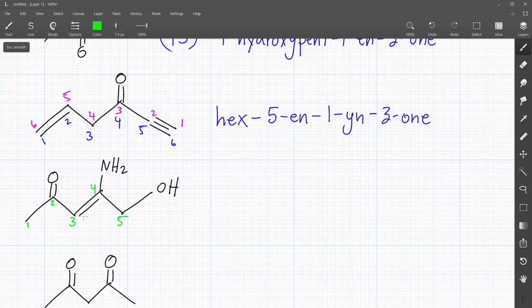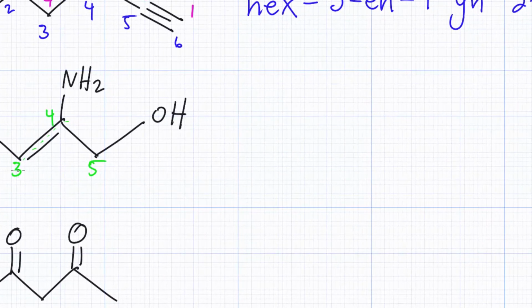Now about this double bond here, I have the highest priorities on the same side, so that's going to be E. So that's going to be 3E.